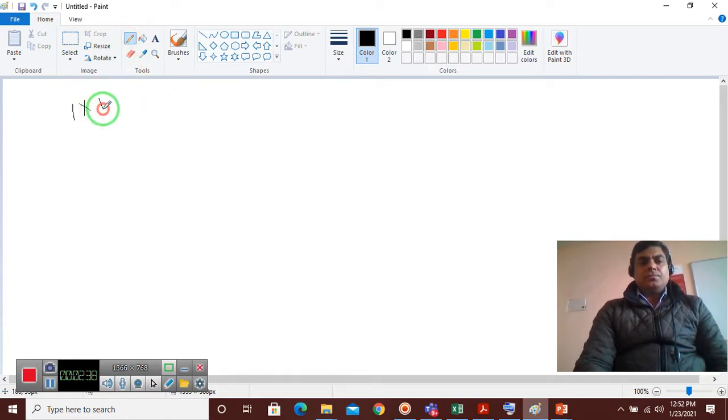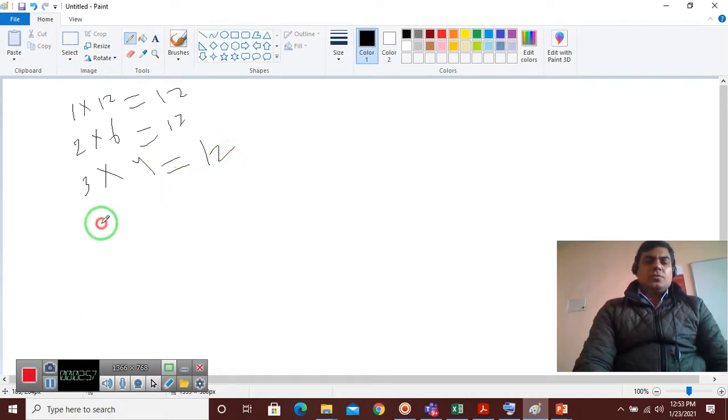1 into 12. 2 into 6 is equal to 12. 3 into 4 is 12. 5, no. By no multiplication of 5 can we get 12. 6 multiplied by 2 is equal to 12, but this is already repeated. 7 no, 8 no, 9 no, 10 no. By no other multiplication can we get 12, so only these numbers.